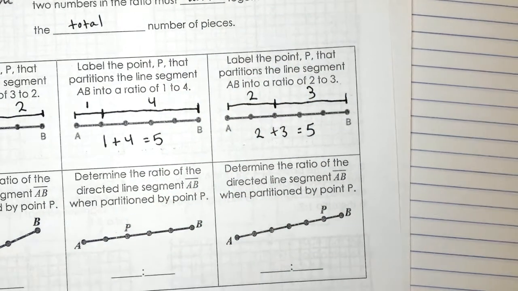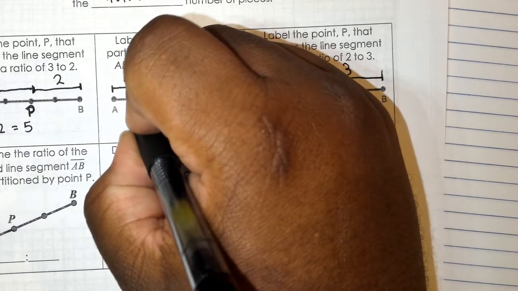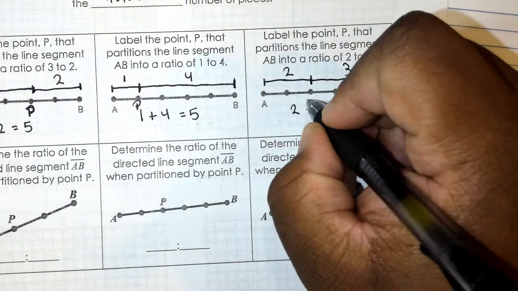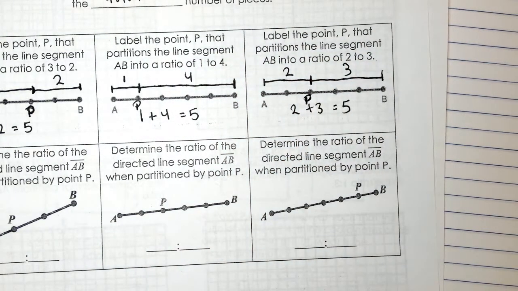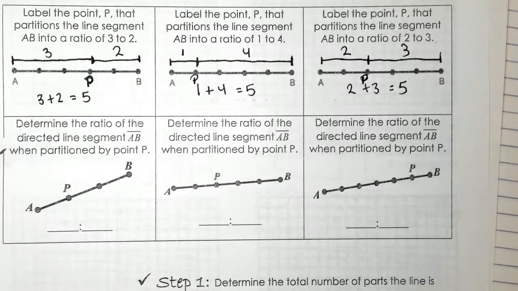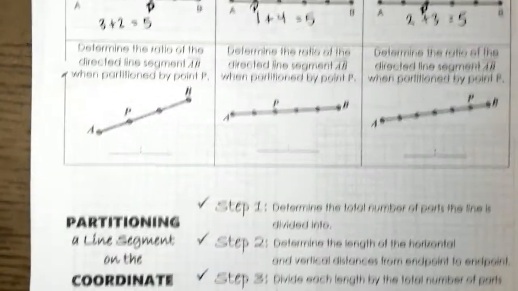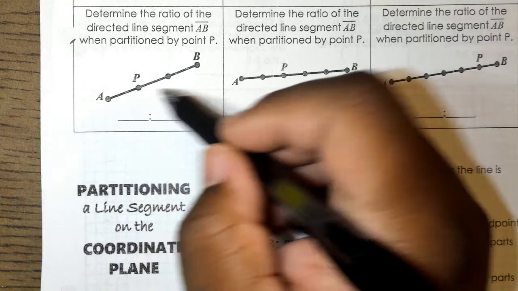Alright, this is simple because it's not on a graph. Oh, I'm sorry, I didn't put my partition points in for y'all. It's going to be important to identify that too. Point P and point P at those points. Alright. Determine the ratio of the directed line segment AB when partitioned by point P. So this line is already partitioned down here.